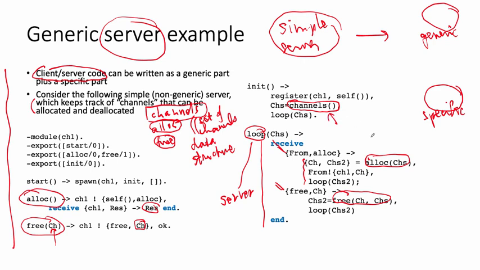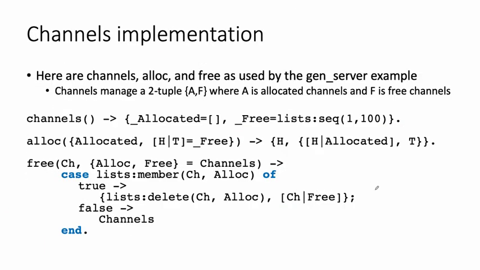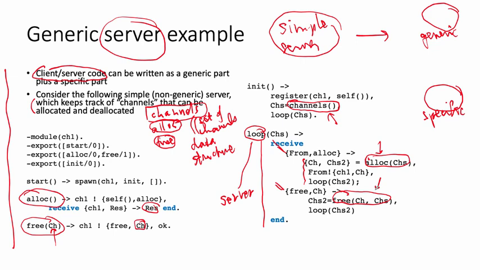Channels, allocate, and free, there's actually an implementation of that a few slides farther. So it's actually here on this slide, but I include the slide to make the example complete. But for now, you can assume that channels, allocate, and free are functions that exist.